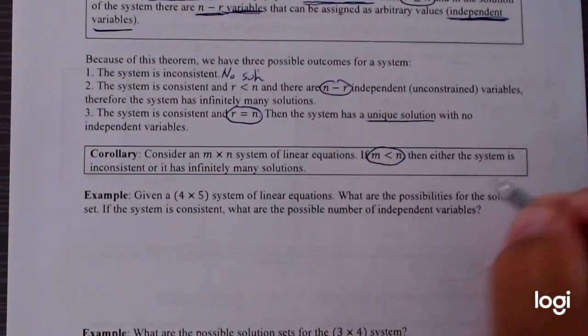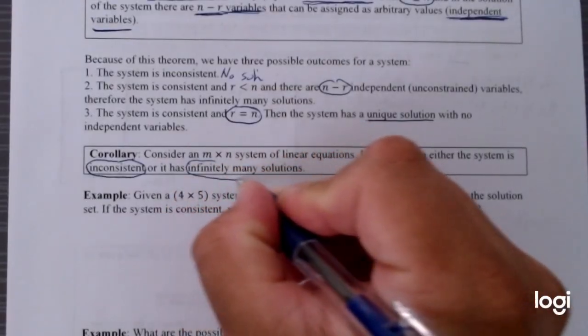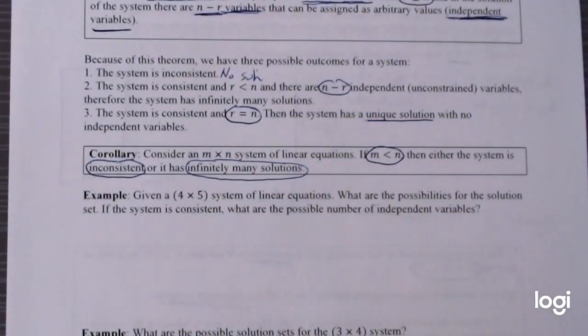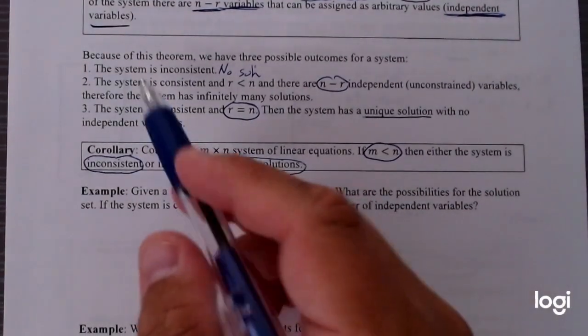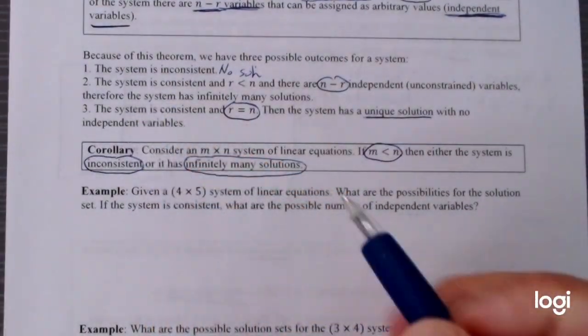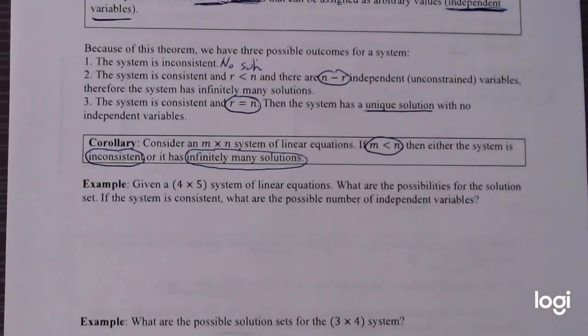Then either the system has no solution or infinitely many solutions, and that's the key thing. So we can already cut this into just 2 of them based off one very special thing. Okay. Alright, so let's try this out.